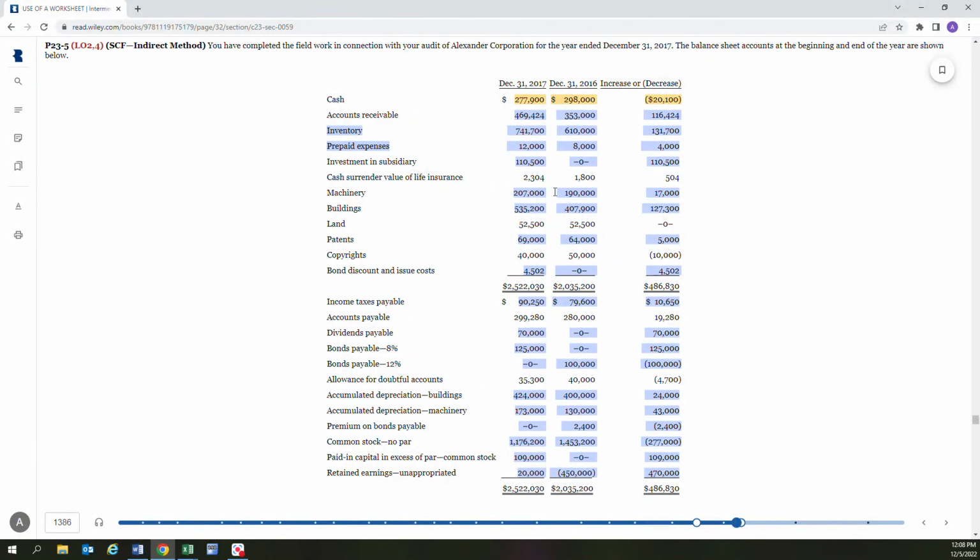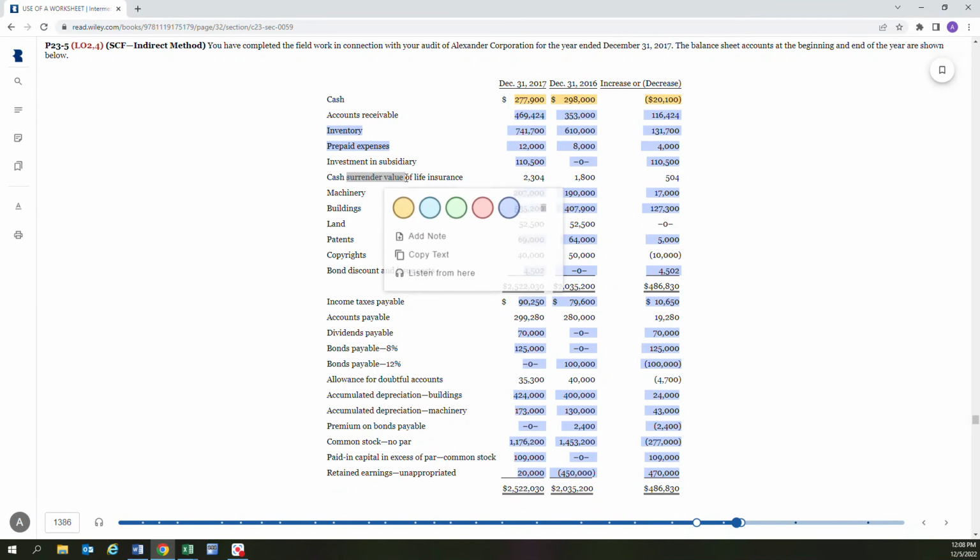And then we have something else here that's kind of weird. The cash surrender value of life insurance, so the value of it went up. So it's like an investing activity, but we don't receive money for this, so we might be marking this to market, or actually, not to market, to the surrender value.